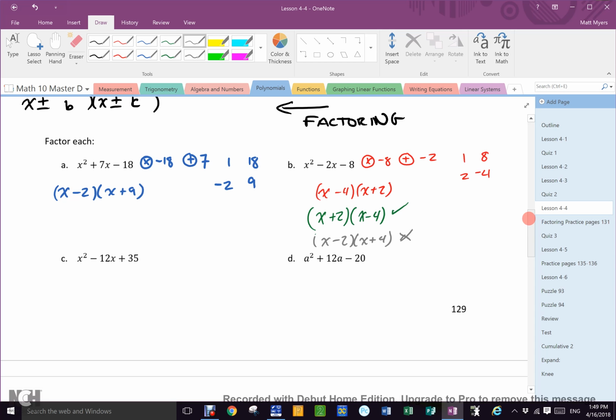Don't worry. You guys all try C by yourself. Go. Because for some of you, it's the first time you've ever seen this. See if you can figure out C all by yourself. Of course you did, because it's not that difficult. What must I multiply to?